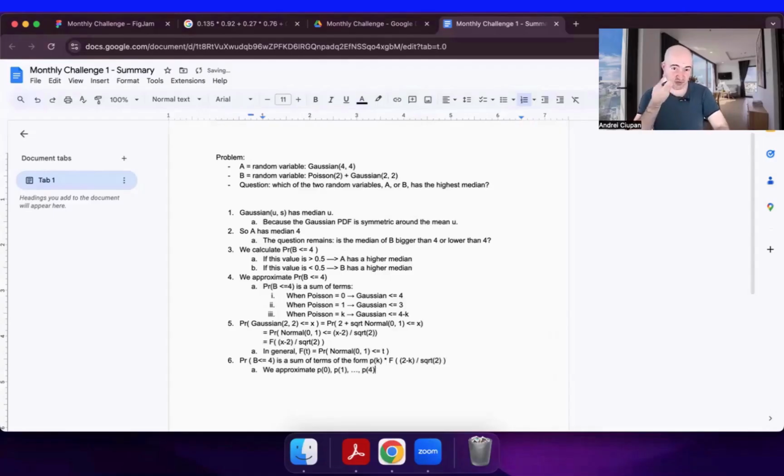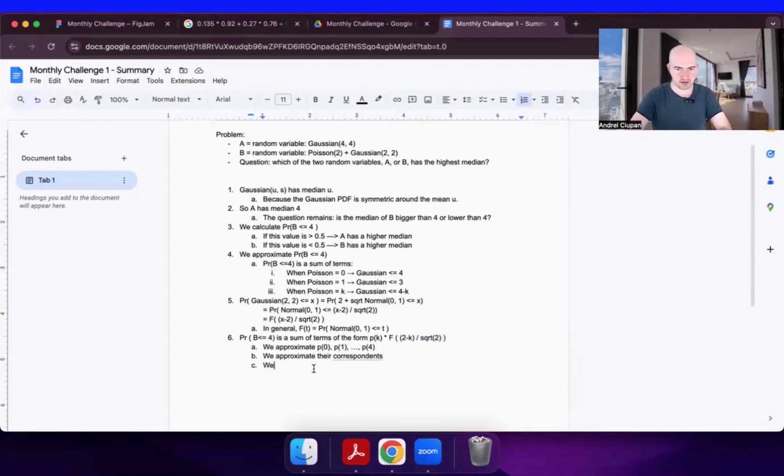We approximate them because we know the exact value of the Poisson with lambda 2. Then we also approximate their counterparts, these parts that we multiply. And then we sum them up.